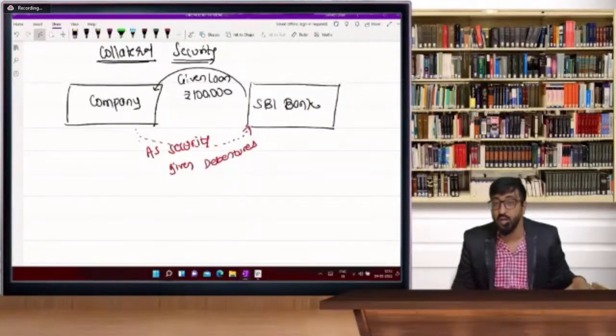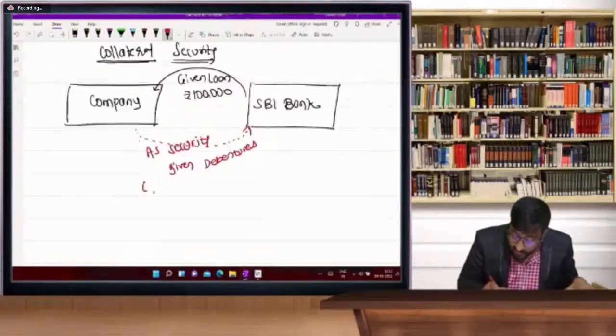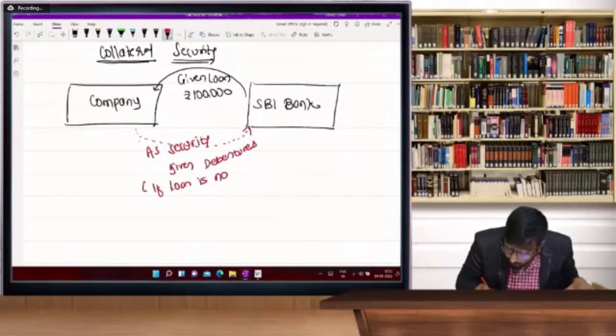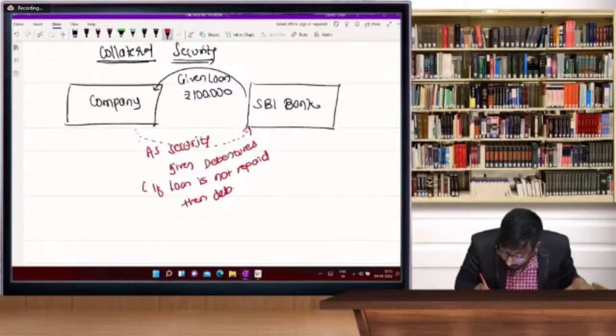As security, what have we given? We have given debentures. When it is given, if the loan is not repaid, then debentures are issued.